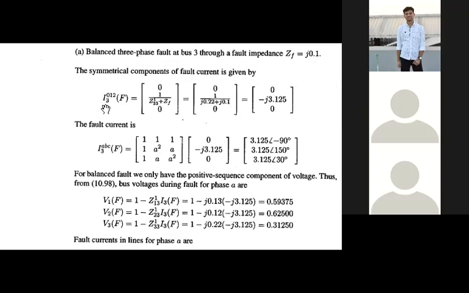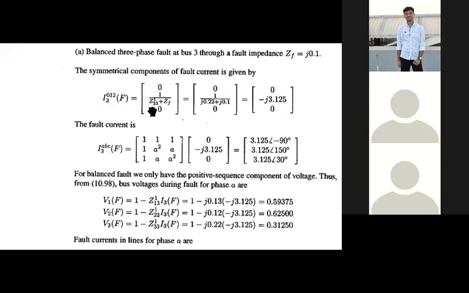If it is bus 2, in that case, it will be I2012. In which bus was the fault? It was in bus 3. That's why your calculation or the system equation will be based on bus 3.